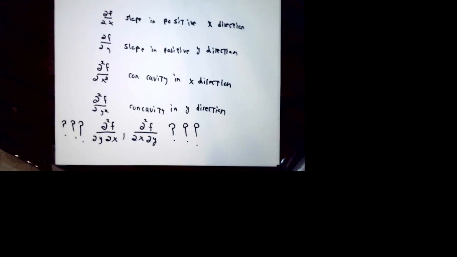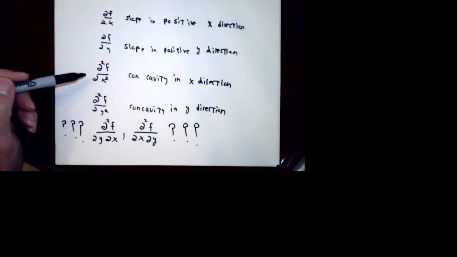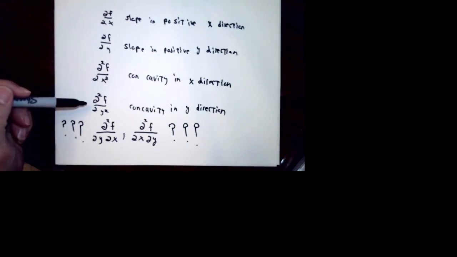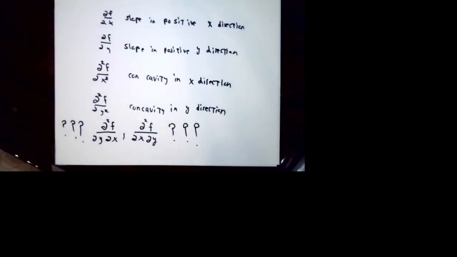We'll see that later. Also, this is the concavity in the x direction, the concavity in the y direction. Is that enough information to tell me the concavity in any direction? The answer to that question turns out to be no. I need to know about these things as well.